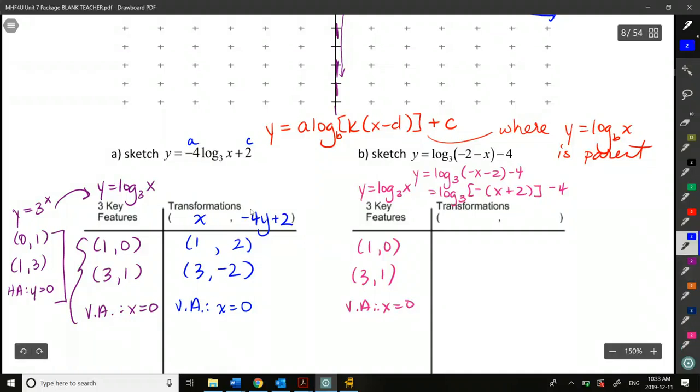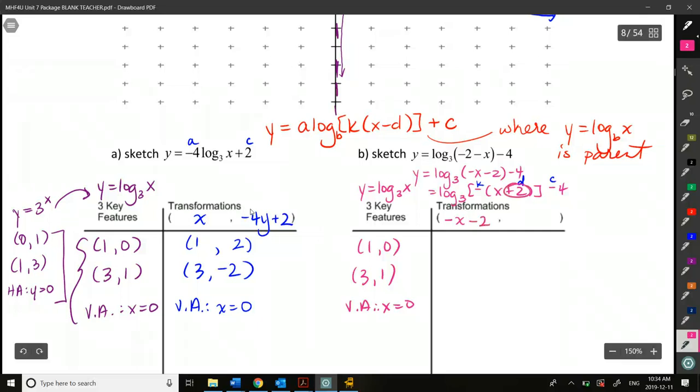So here is our k, here's our d, and here's our c. Can someone set up our equations for us? What's that? So that's one of the transformations for x. There's also another one. Olivia? Minus 2.